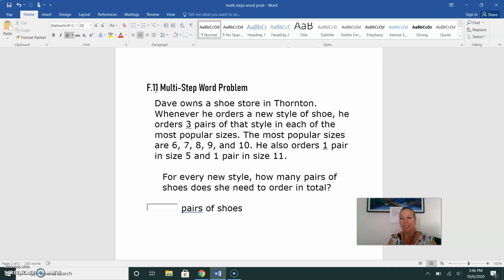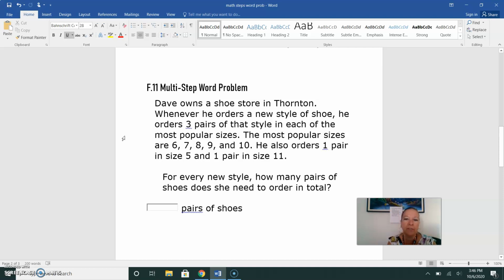Okay, let's read the problem together. Remember, the first step was read the problem first. What is it about? Do not jump in yet. Here we go. Dave owns a shoe store in Thornton. Whenever he orders a new style of shoe, he orders 3 pairs of that style in each of the most popular sizes.